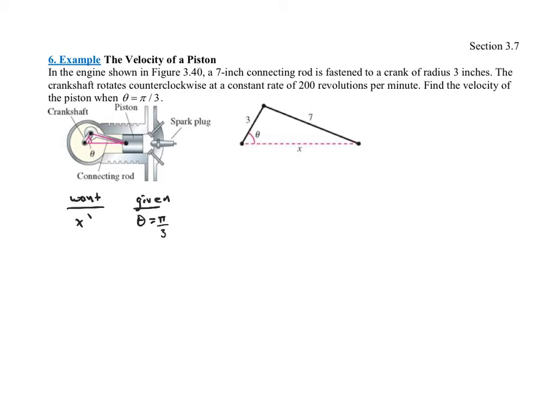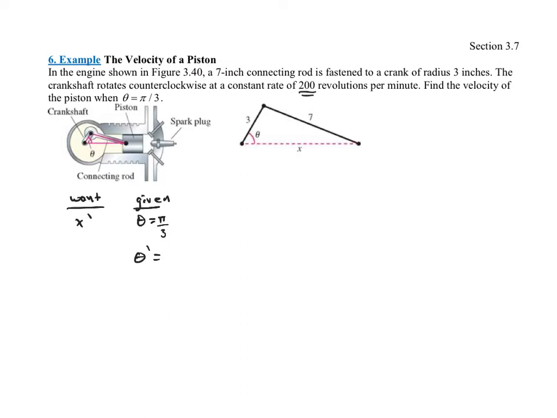And then the question is, it says the crankshaft rotates counterclockwise at a constant rate of 200 revolutions per minute. So a lot of people would think that you would say theta prime here, the rate at which the angle is changing, is 200 per minute, but it's 200 revolutions. So let's think about what a revolution is. A revolution is a full circle. So the angle changes by 200 full circles per minute. So what's a full circle in terms of radians in this case?